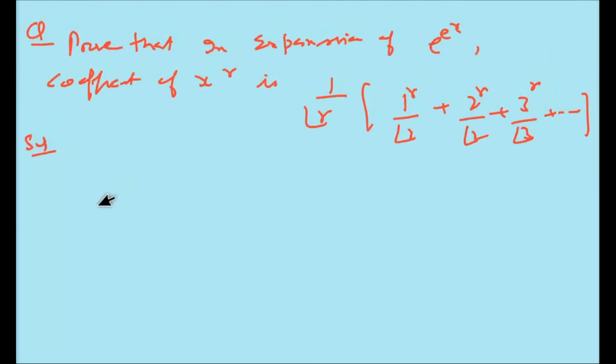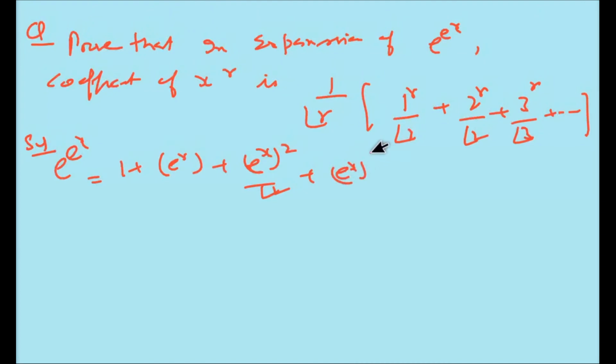So we want to find the coefficient of x to the power r in e to the power e to the power x. We can write e to the power x using this as x: 1 plus x plus x square upon factorial 2 plus x cube upon factorial 3 and so on.